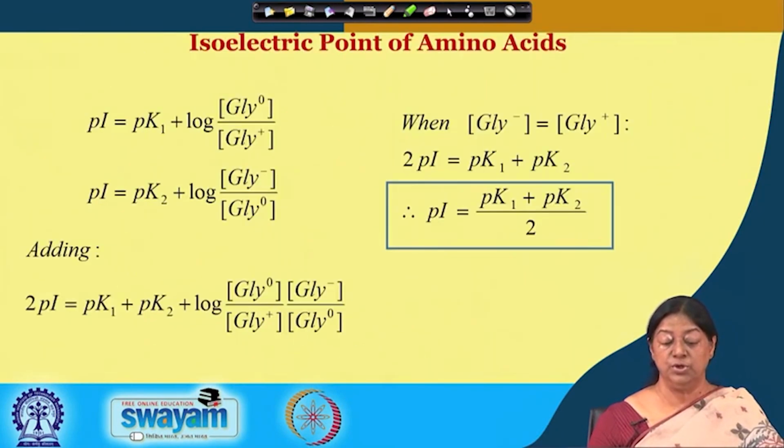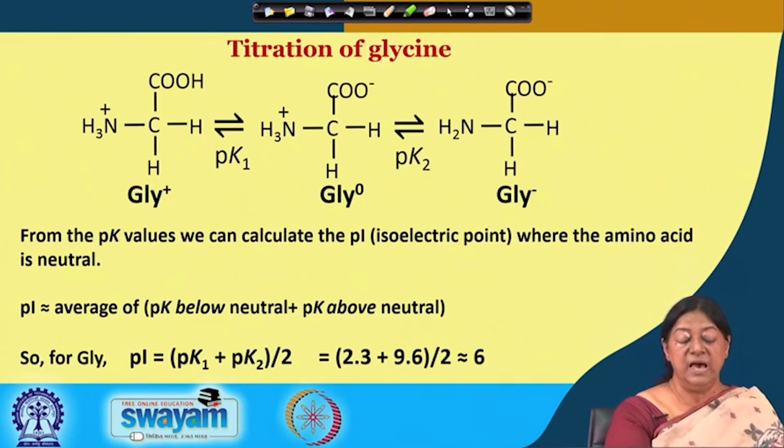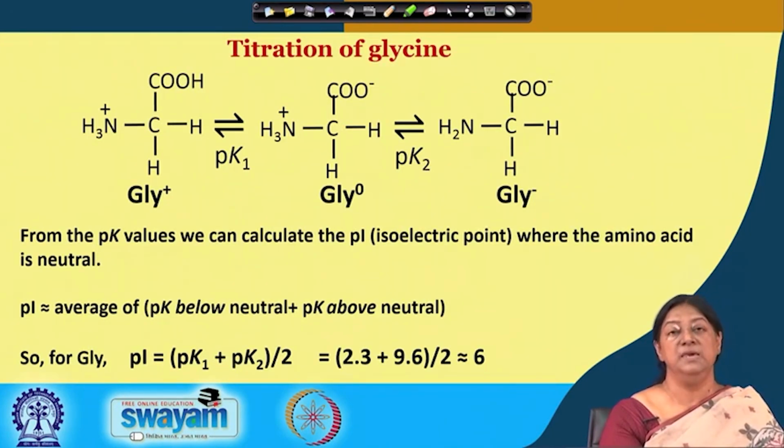The pi is going to be the average of the pK below neutral and the pK above neutral. So, with the progress of the reaction, if we have an ionizable group present here, there will be an additional pK value associated with the pKr.